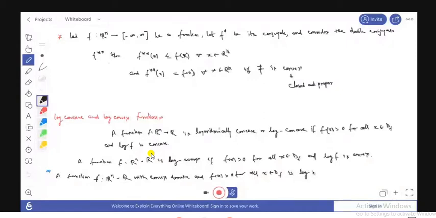This is log concave if and only if, for all x and y which belong to the domain of f, and you take any theta which lies between 0 and 1, then we have the condition.